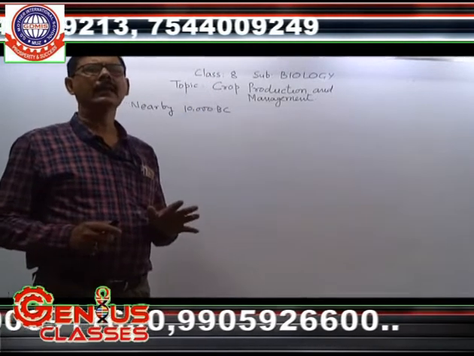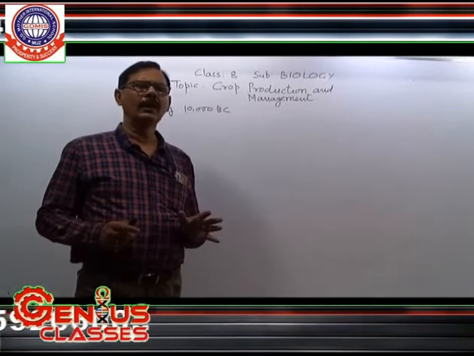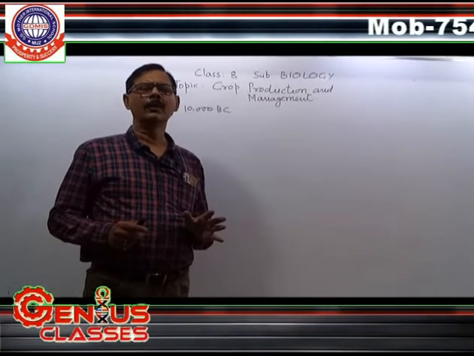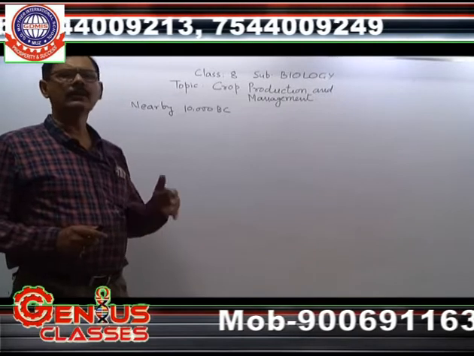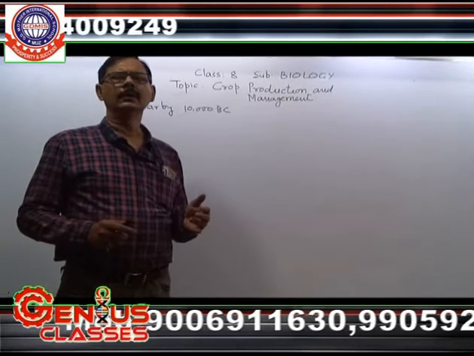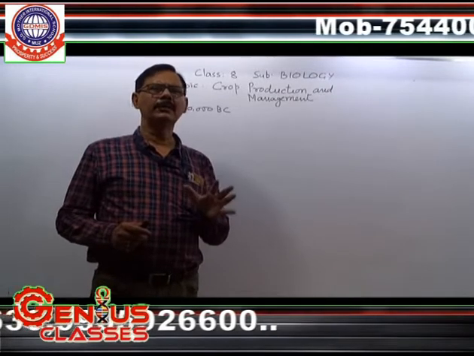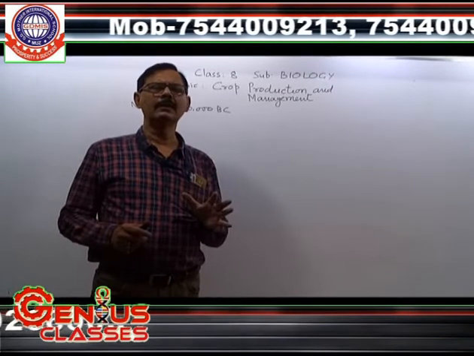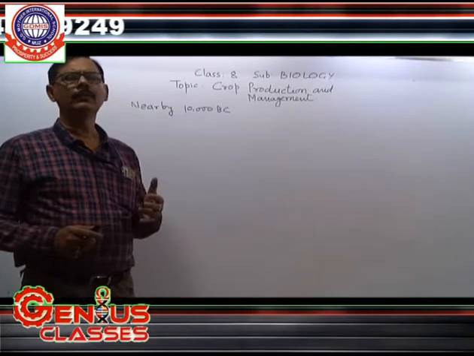Earlier, population was very low and the fulfillment of the requirement was very easy. But as the population grew up, the availability of the field for the crop production has gone on decreasing and the demand for the food has increased.